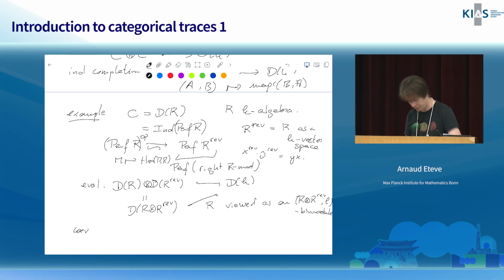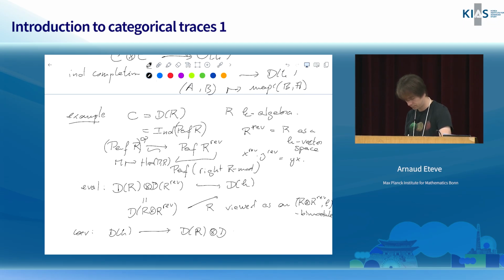And for the co-evaluation, it goes from D of K, and it's just going to be given by the same thing. Again, this is D of R tensor R rev, and so it's given by R, again, viewed as a bimodule.